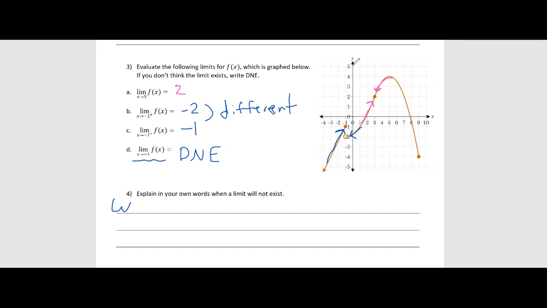Well, when the one-sided limits are not equal. And this is not going to be the only time when limits do not exist, but based on this example, that's what we should be taking away. So let's move on to the next page.